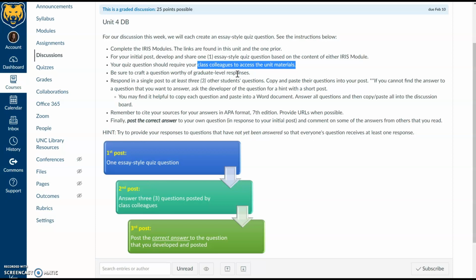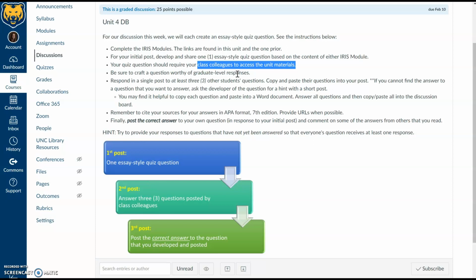So you want to include their question in this post, and then you want to include your response, and that'll be for at least 3 questions. So if you're wondering about length requirement, just as long as you're analyzing with appropriate depth to really answer that question at the graduate level, that should be sufficient. Don't make it simple and easy and brief, because we're really looking to expand our learning here. So that'll be your first response post.